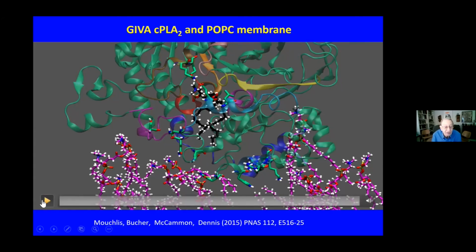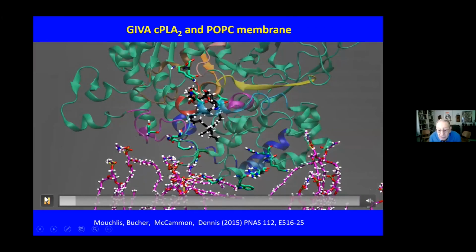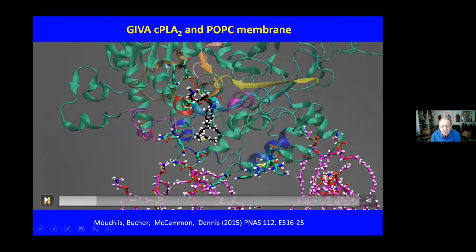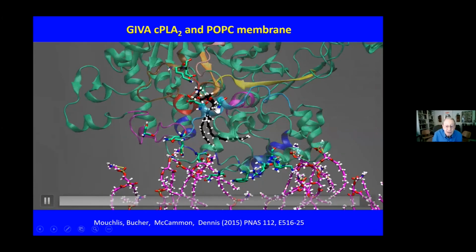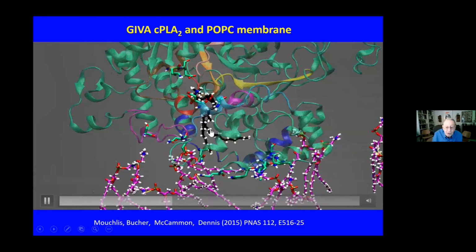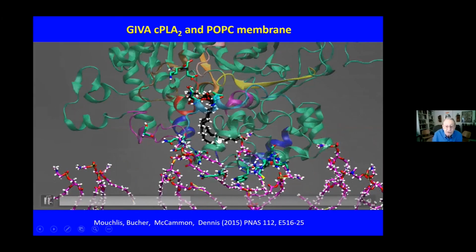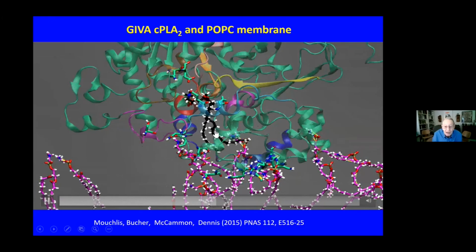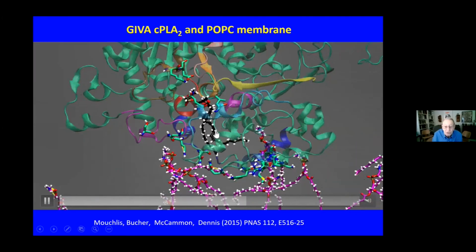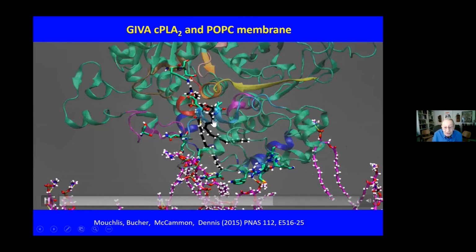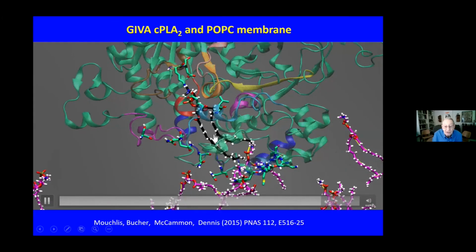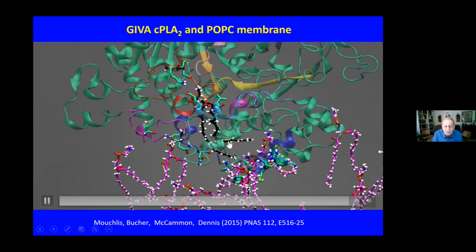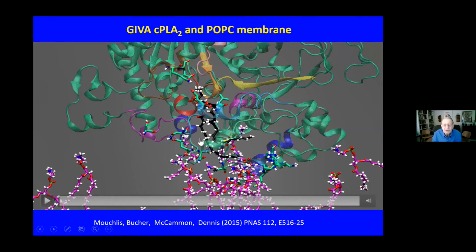And it is allowed to carry out molecular dynamics to optimize the binding mode of the phospholipid in the active site of the enzyme. And you can see where my pointer is the SN2 fatty acid chain, which is arachidonic acid in this phospholipid. And the arachidonic acid has a very specific binding site in which it is a sort of curved structure, because this is how it binds in that catalytic site.